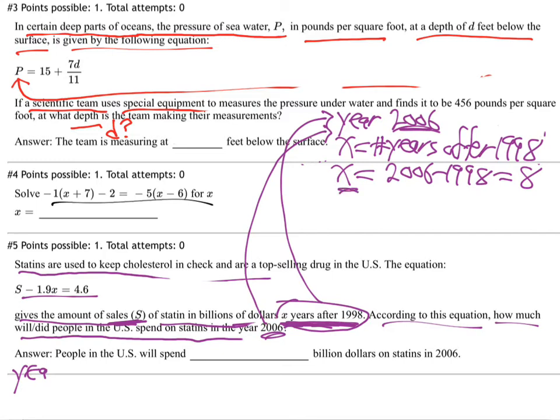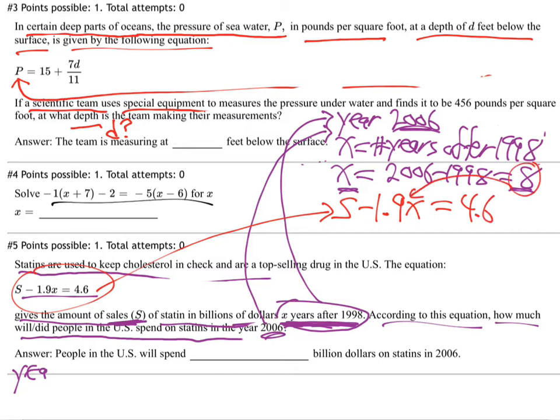So X is 8. So then I take that formula, S minus 1.9X equals 4.6, and I plug in X is 8. S minus 1.9 times 8 is 4.6. Use your calculator. 1.9 times 8. I'm getting 15.2.